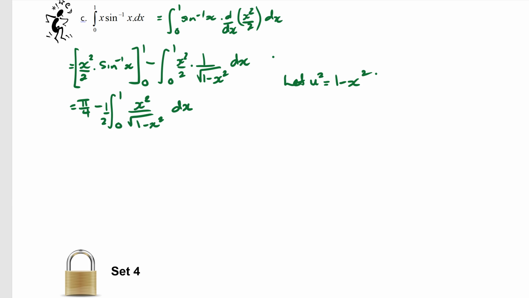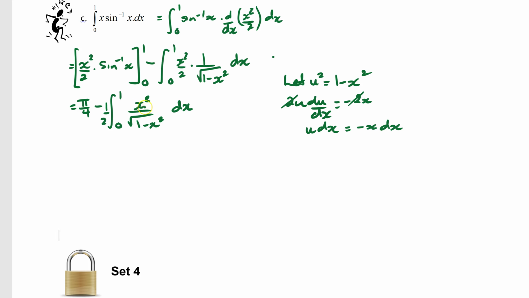So something nice and simple which I could divide through by if necessary. So when u squared equals 1 minus x squared, then if I do implicit differentiation, that will give me that 2u du dx equals minus 2x, and divide through by the negative 2. So u du is minus x dx.